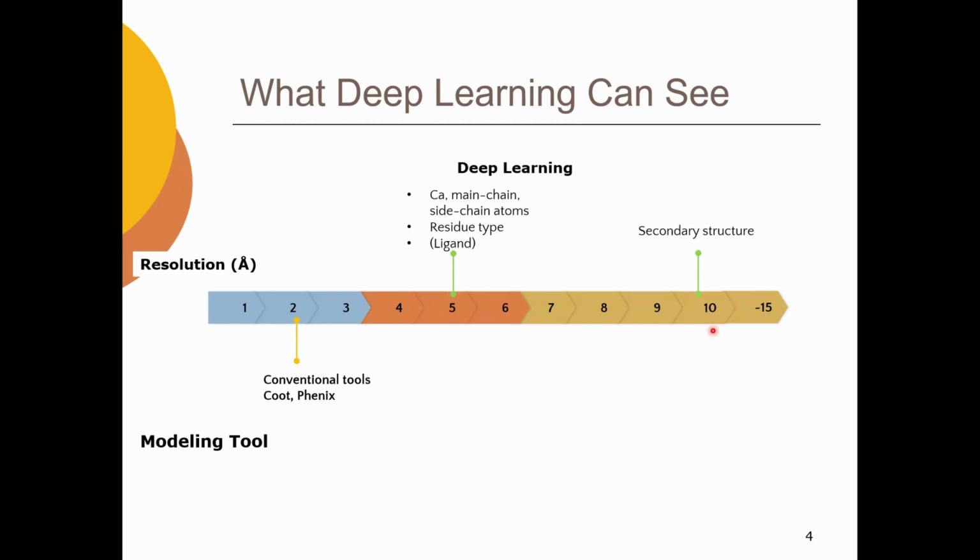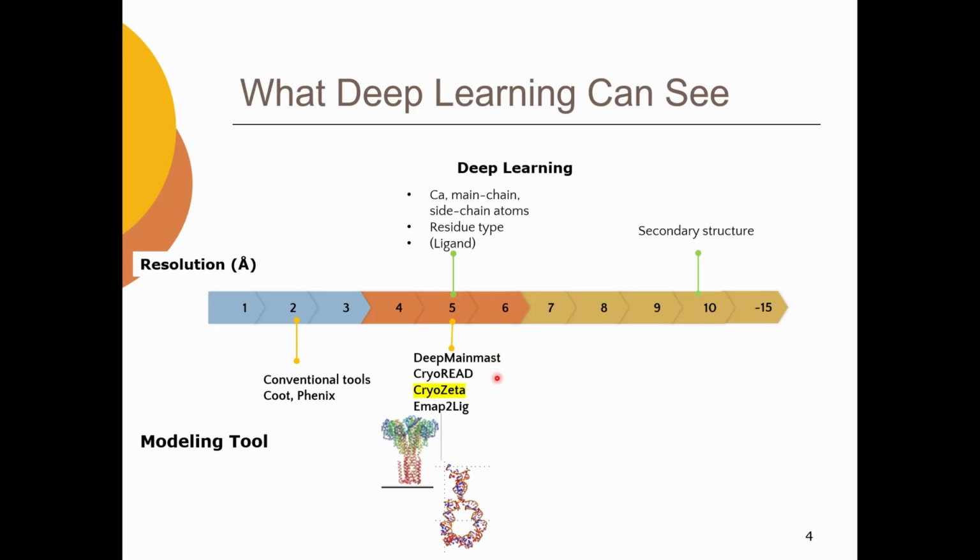Following that, up to 2 angstrom, you can use conventional tools for modeling. Up to 5 angstrom, we have been developing the tracing method and atomic detail structure modeling methods, including protein modeling tools, DeepMainmast and Cryo-READ.